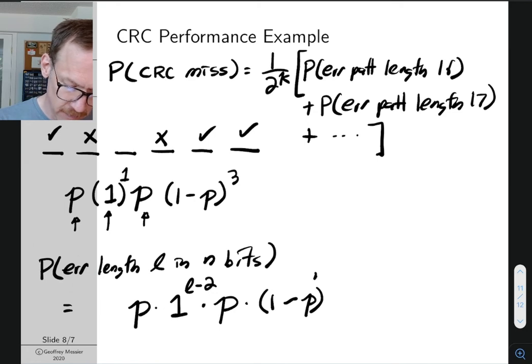So this is (1 minus p) to the n minus L.